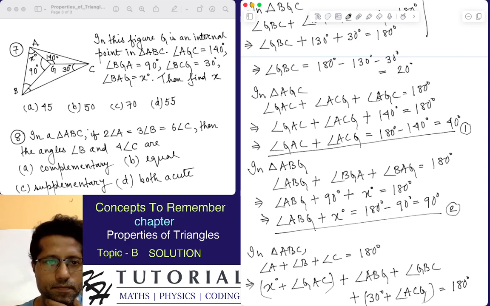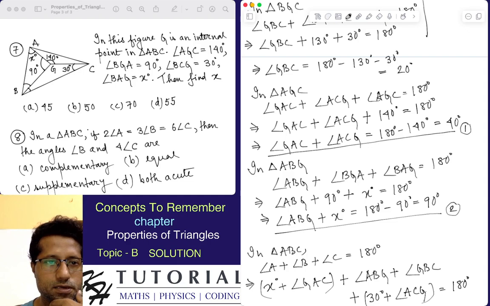Now in triangle ABG, we have angle ABG plus angle BGA plus angle BAG is equal to 180 degree. Angle ABG is not given, it's unknown. Angle BGA is given to be 90 degree. So plus 90 degree plus angle BAG.